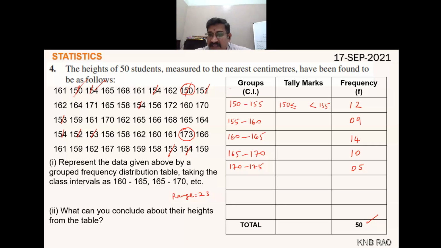If someone asks the height of a student falling in a class interval, you cannot say exactly. 9 students are there, but we cannot say their exact heights. So for the students falling in the class interval 150 to 155, on an average their height is taken as a representative value.